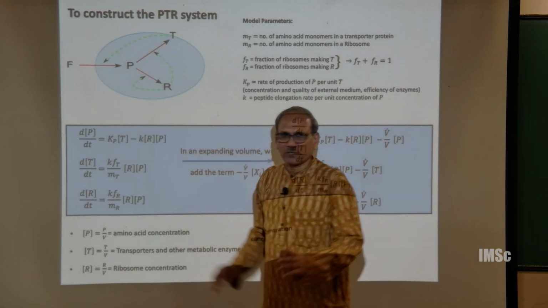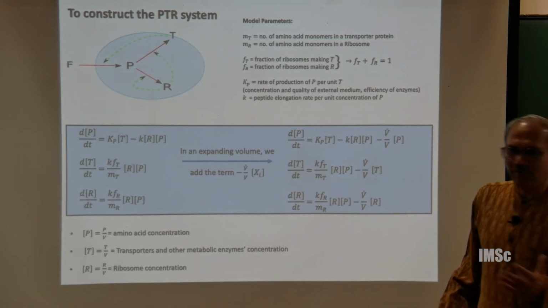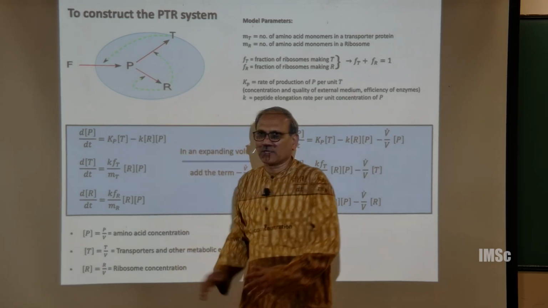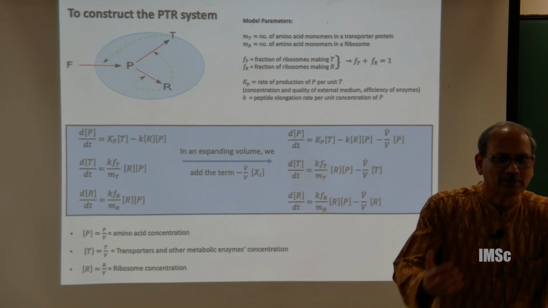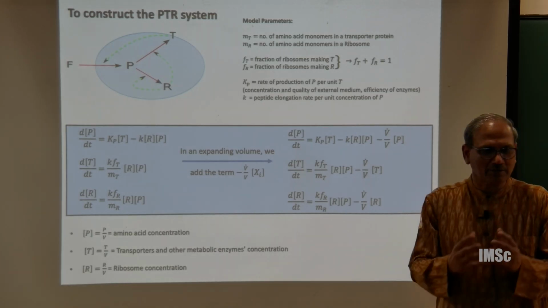And while of course ribosome is made of both RNA and protein, we will behave as if this ribosome is constructed out of amino acids only. So it's just the ribosomal protein, if you like, that we are considering.